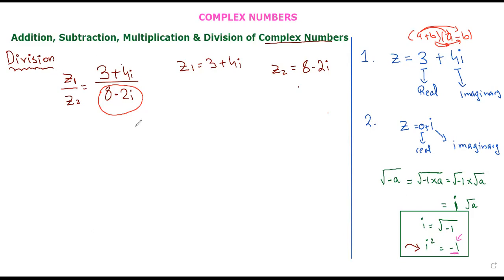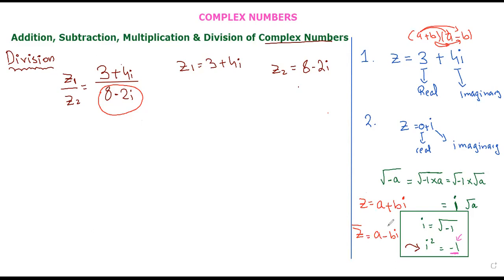In the first class, we discussed conjugates of complex numbers. Do you remember? If z is a plus b iota, I told you that z conjugate would be a minus b iota.